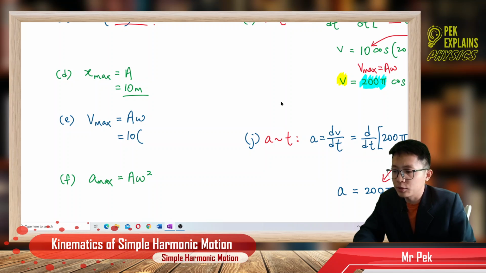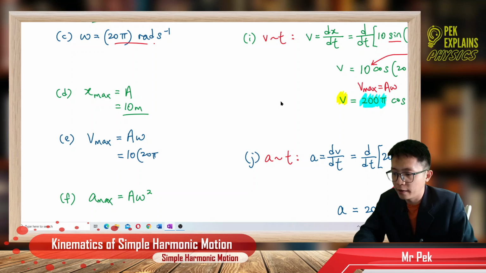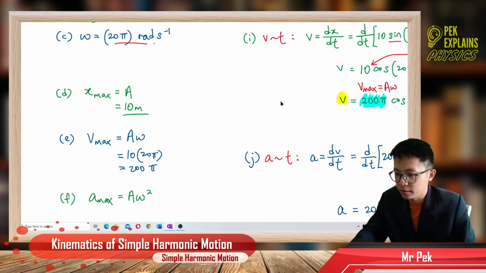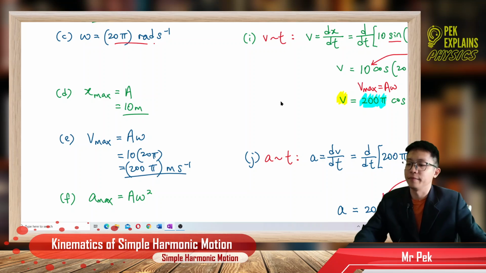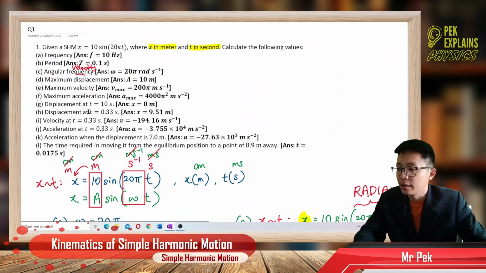So it's 10 times omega, which is 20 pi. It is equal to 200 pi. Velocity is meter per second, so please write down the unit, meter per second. Okay, that's maximum velocity.